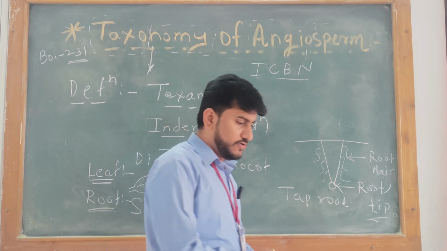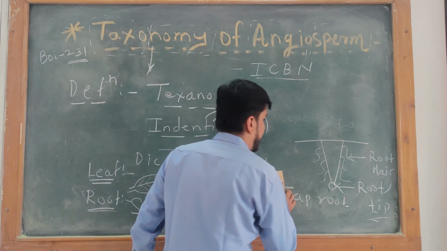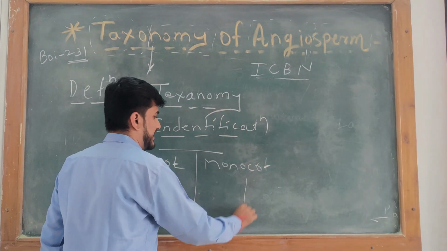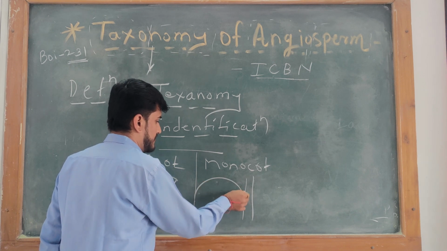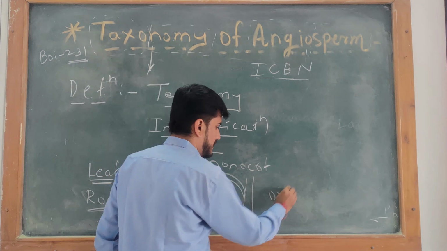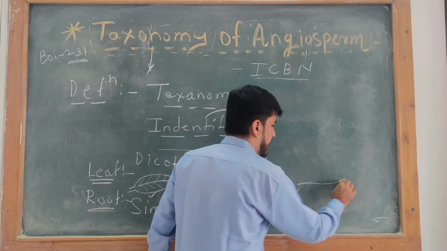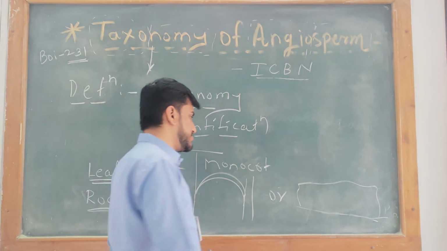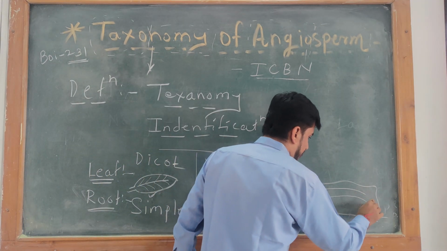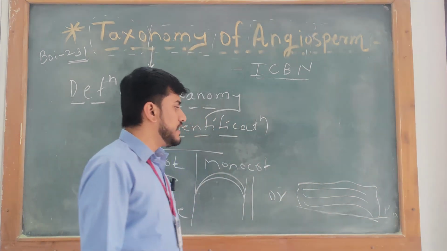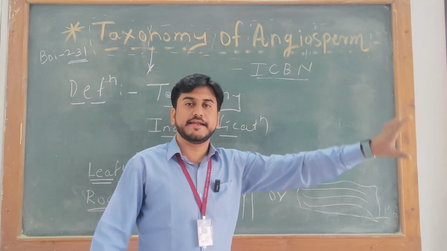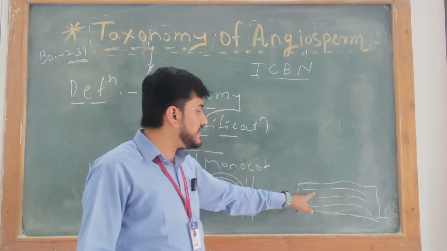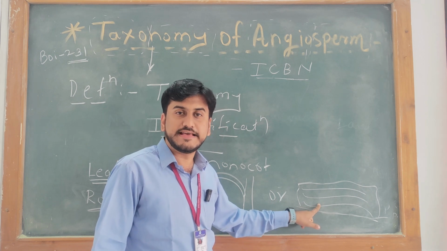Okay, so next is the monocot plant. In the monocot plant, for example Zea mays or Musa paradisica, which means banana, the leaf is long and elongated and contains parallel type of venation.